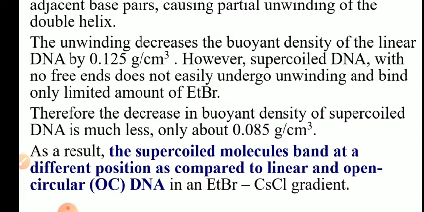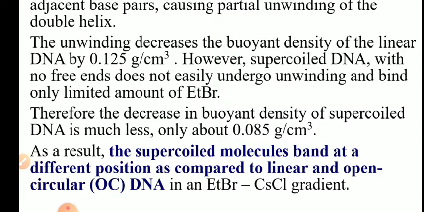As a result, see, both the DNAs undergo decrease in ion density, but non-supercoiled genomic DNA decreases by 0.125 gram per centimeter cube. But plasmid DNA, because there are no free ends, ETBR cannot enter much inside, and hence less ETBR is present, so it undergoes a lesser decrease in ion density.